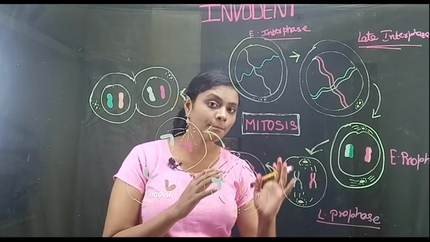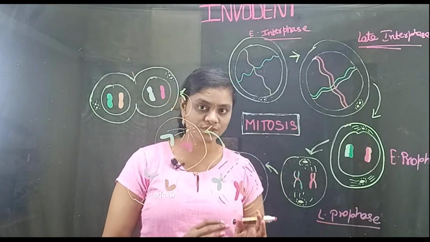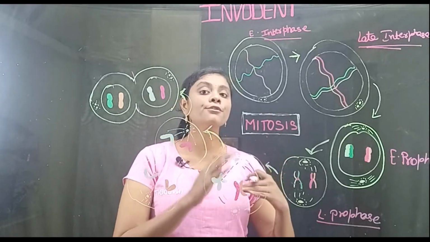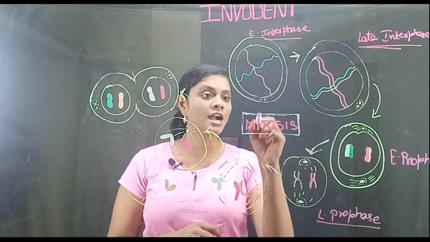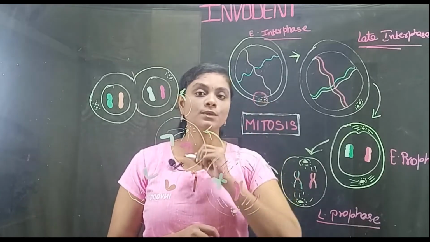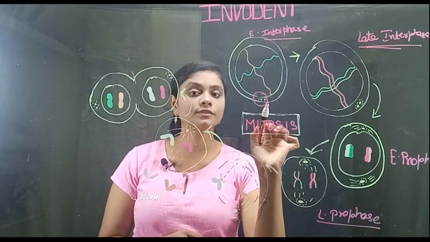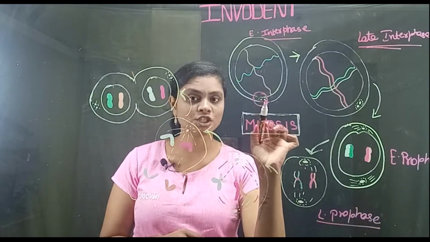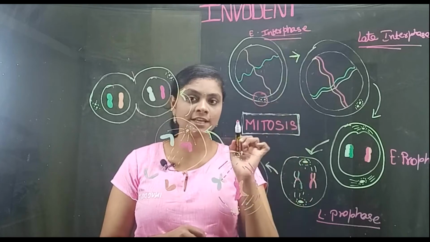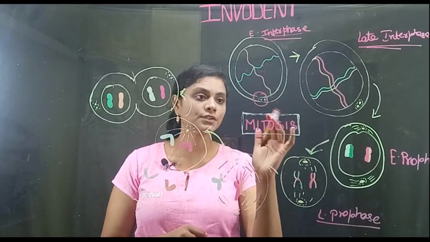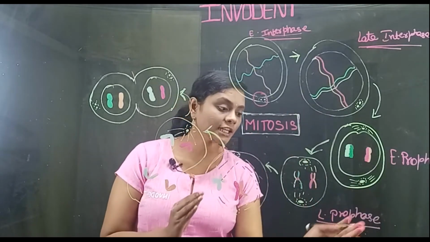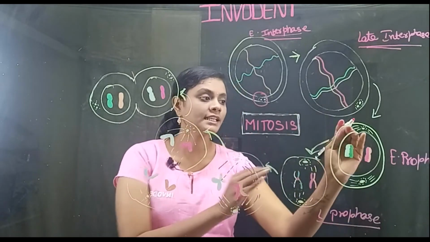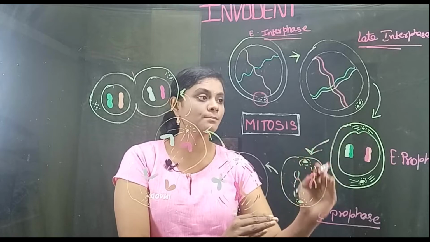When this is happening with the chromosomal structures during the cell division, there are a few other things happening on the other side. What are they? They are about the centrioles. The two centrioles of the cell are very close to each other in the early interphase. When it comes to the late prophase, they start going away from each other.